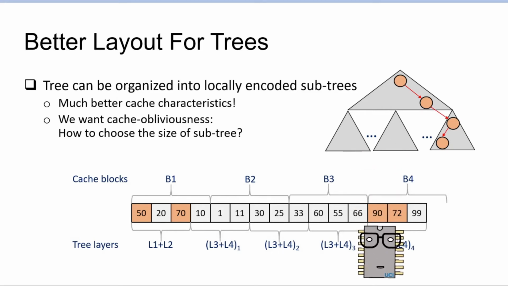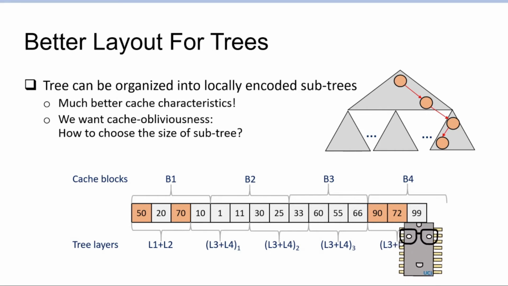We access node 90. But thankfully, because node 72, the child of node 90, belongs in the same subtree, and because the subtree is so small, it also belongs in the same cache line. So compared to the naive example from before, accessing 4 values results in only 2 cache misses instead of 3. And the change will probably become more prominent as the tree becomes larger.